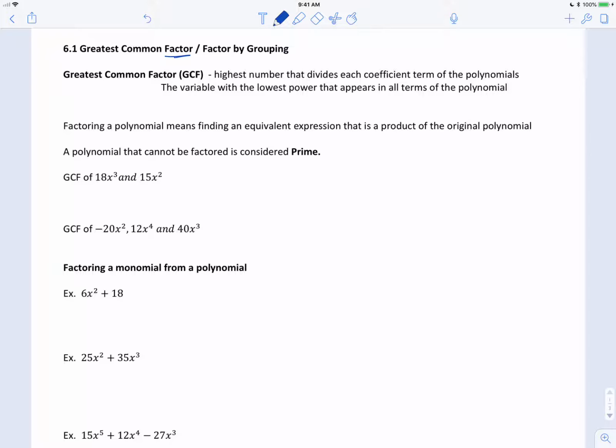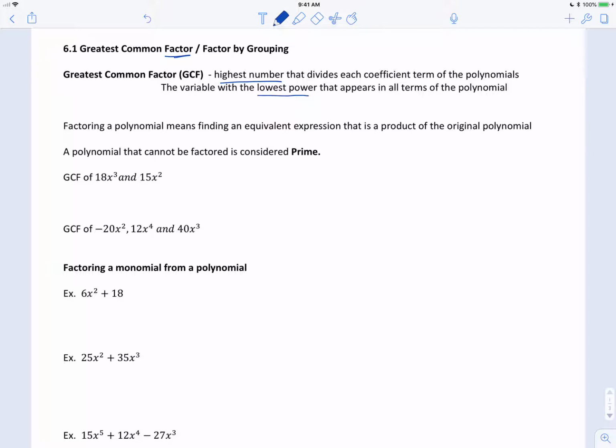So our greatest common factor, definition, it is the highest number that divides each coefficient term of the polynomial. So it's got to be able to go into all of those numbers that are listed in our polynomial. And then the variable is the one that's got the lowest power, because think about if you have an x to the fourth power and an x cubed, then x cubed is going to go into both of those.